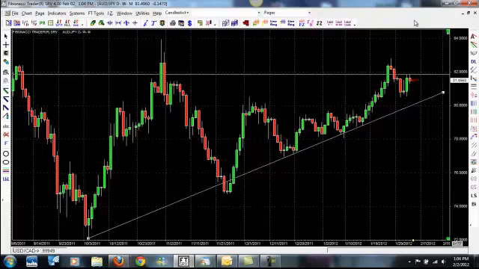And here's what I mean: the Australian dollar pays overnight at the bank. Overnight interest rates are one of the highest interest rates of any currency out there, and the yen happens to be the lowest. So when you buy the Aussie yen, you have to check with the brokerage firm that you're with.